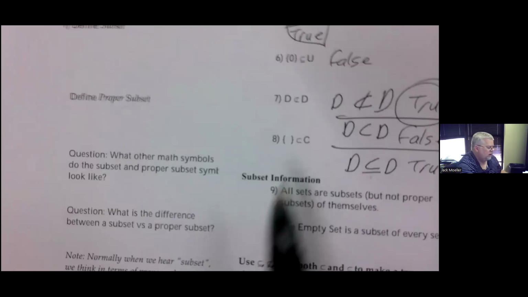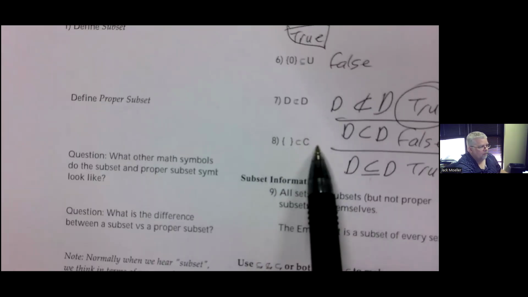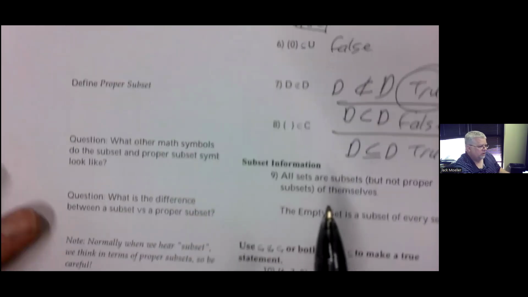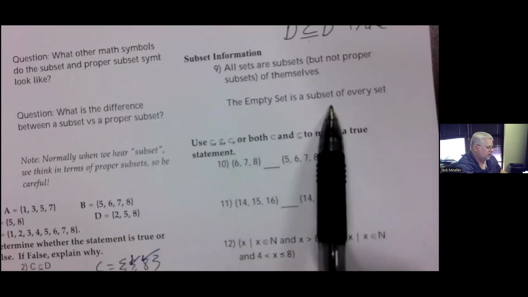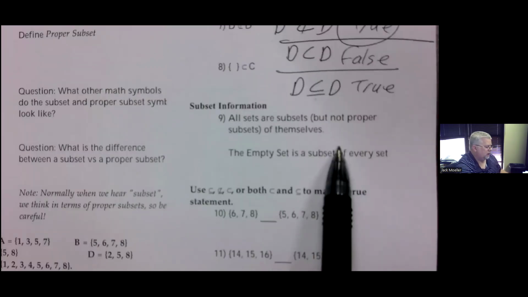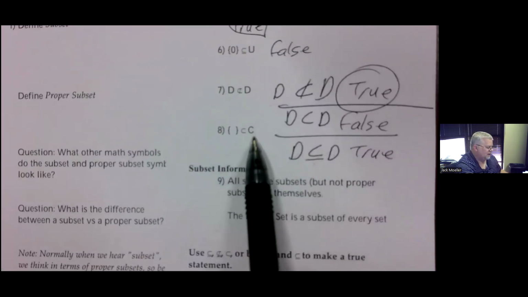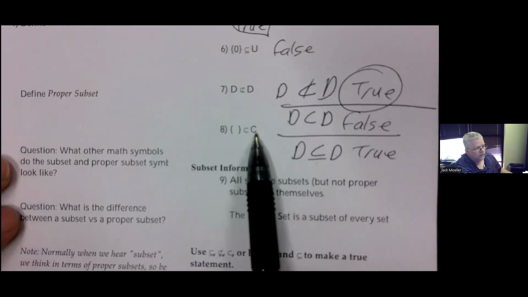Then what about every element in the empty set being in C? Now, that may seem strange. That's why we have that definition. I pointed out that every set is a subset of every set. So the empty set is always a subset, right? And since C is not the empty set, they're not equal, so therefore it is a proper subset.